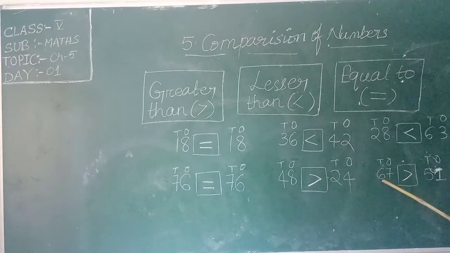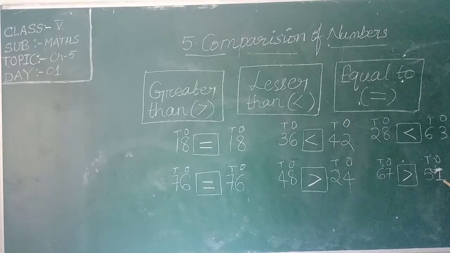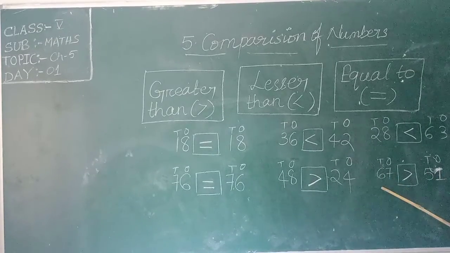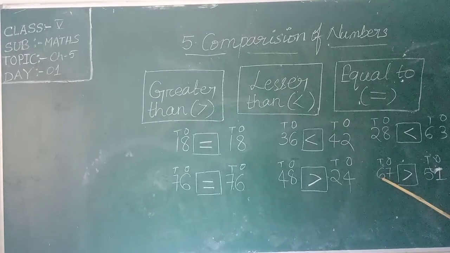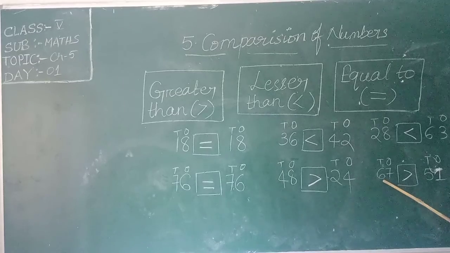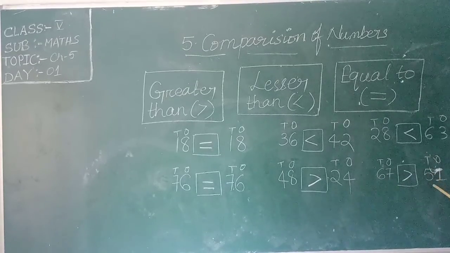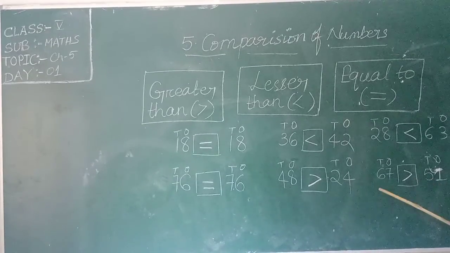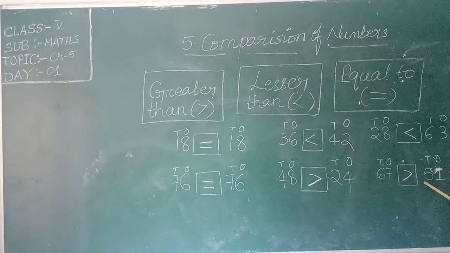Next one, see, 67 and 51. We should check the highest place values. In 67, in the highest place value, tens, which number is there? 6 is there. In the number 51, in the highest place value, tens, which number is there? 5 is there. So compare 6 and 5. 6 is greater than 5.